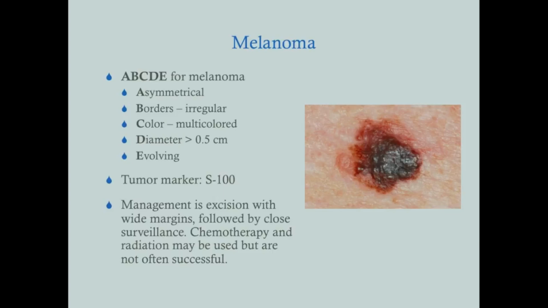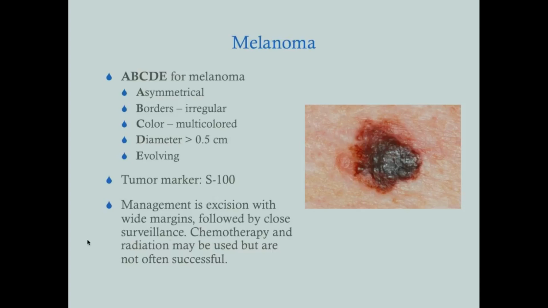So you might start with kind of a flat mole and then it starts to elevate. But the problem is not that it's elevating, the problem is that it's descending and it gets deeper into the tissue. And survival and prognosis is directly associated with the depth of invasion. So the deeper it goes, the worse the prognosis.